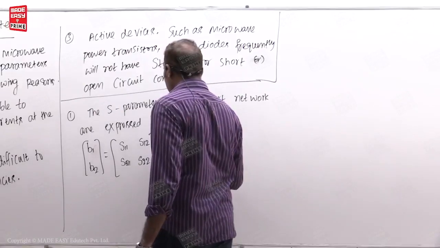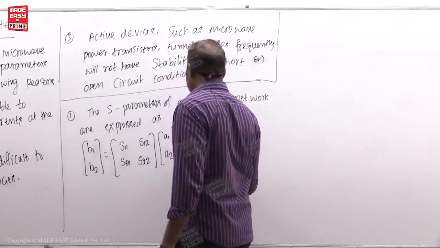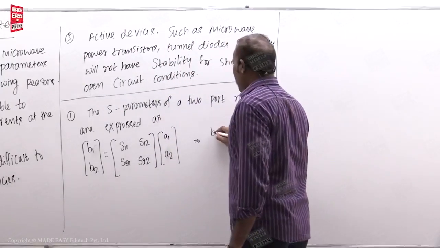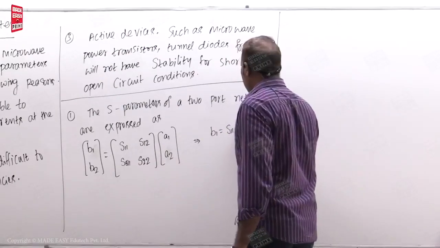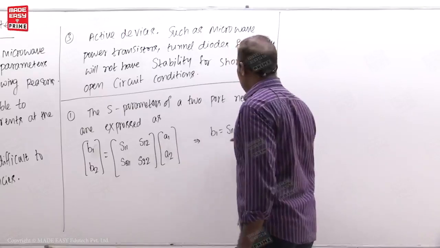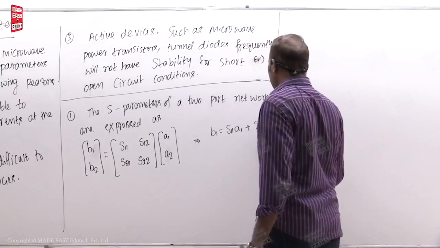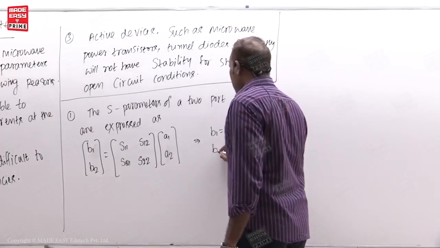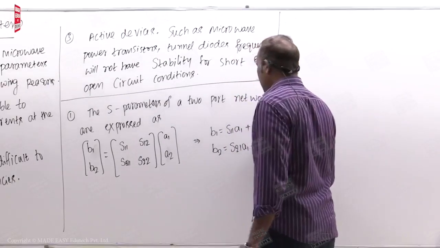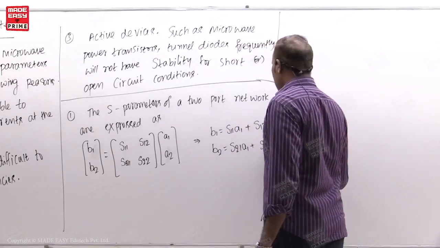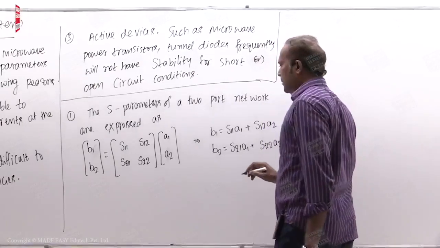That means B1 is equal to S11 A1 plus S12 A2, and B2 is equal to S21 A1 plus S22 A2, dear friends.